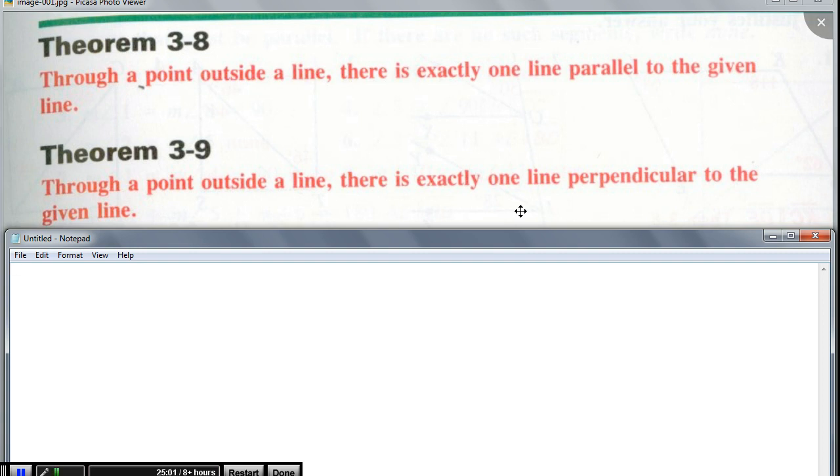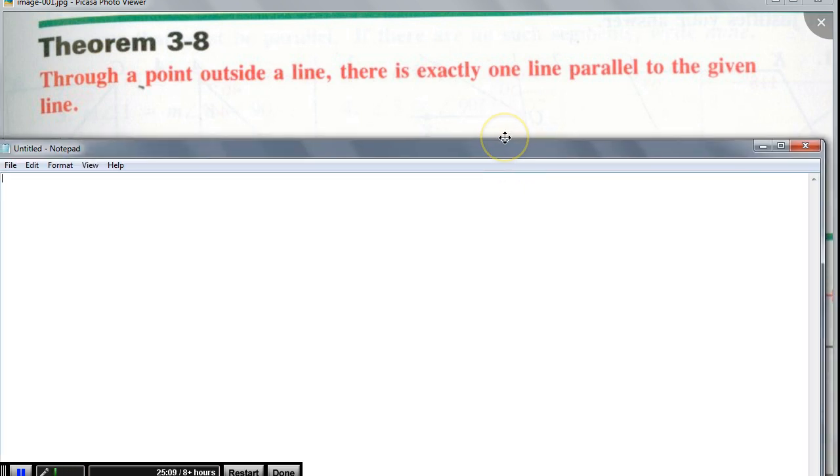First of all, through a point outside a line, there's exactly one line parallel to a given line. You may use these for your homework tonight if necessary. Have we done this before? Yeah, the construction. Thank you.